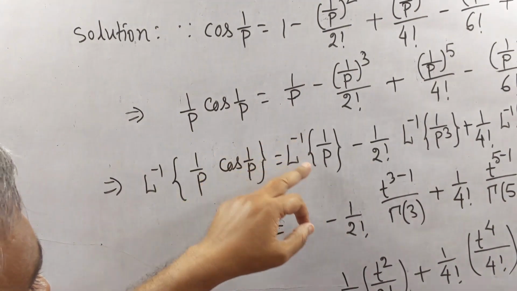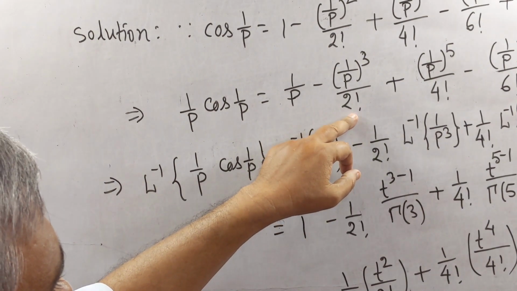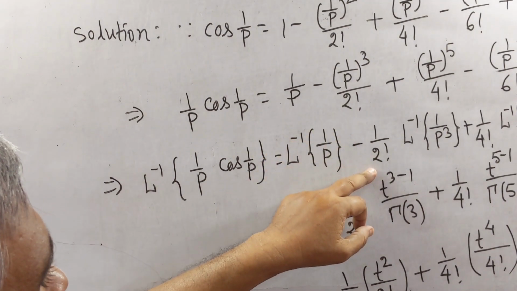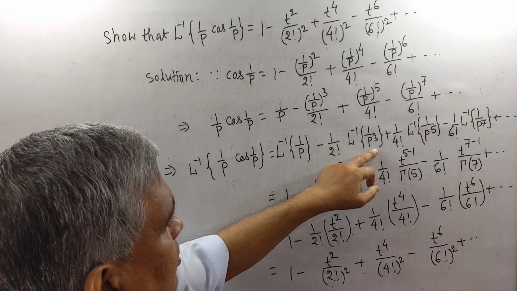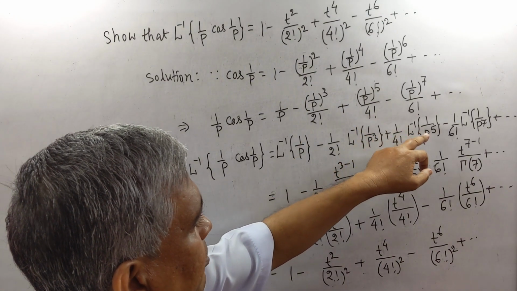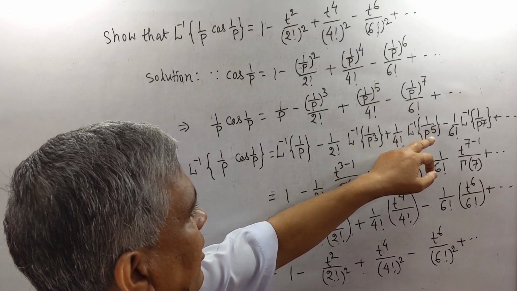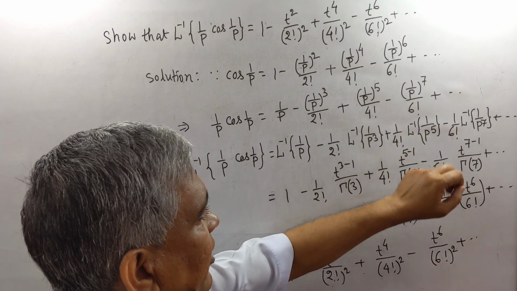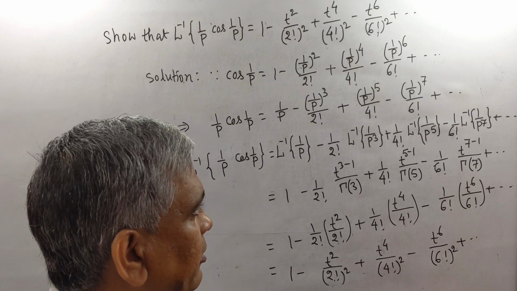So L inverse 1 by p, we may take outside 1 by factorial 2, L inverse 1 by p cube, we may take out 1 by factorial 4, L inverse 1 by p to the power 5, and minus 1 by factorial 6, L inverse 1 by p to the power 7.